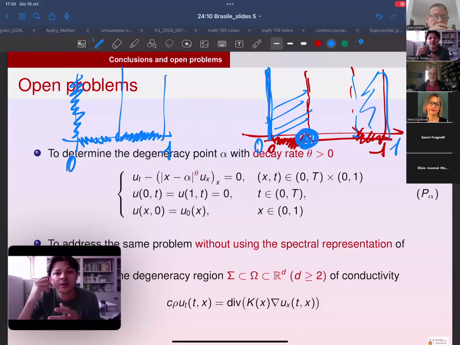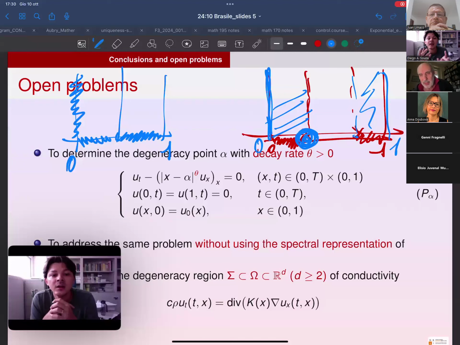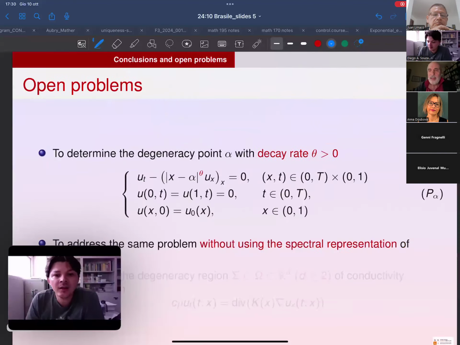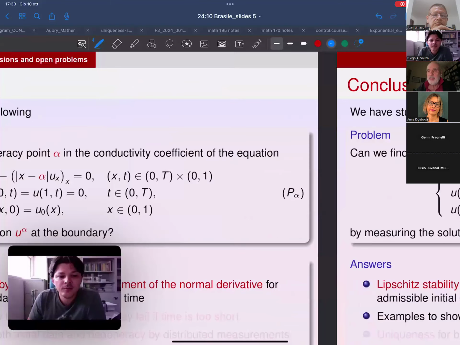So I don't know if you can use it in the inequality. You mean the coefficient? You're talking about the Lipschitz stability result, right? Yeah, let me go back to the Lipschitz stability result.